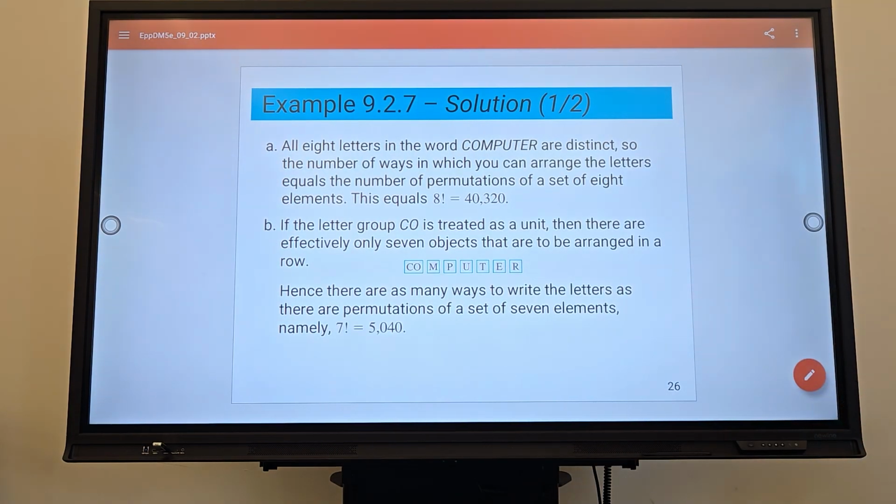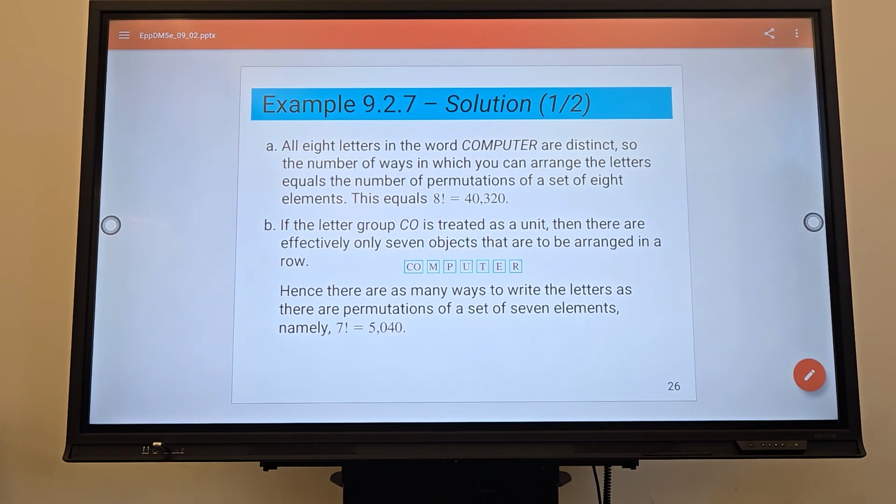Well, all 8 letters in the word computer are distinct. So the number of ways in which you can arrange the letters is equal to the number of permutations of a set of 8 elements, or 8 factorial, or a little over 40,000.